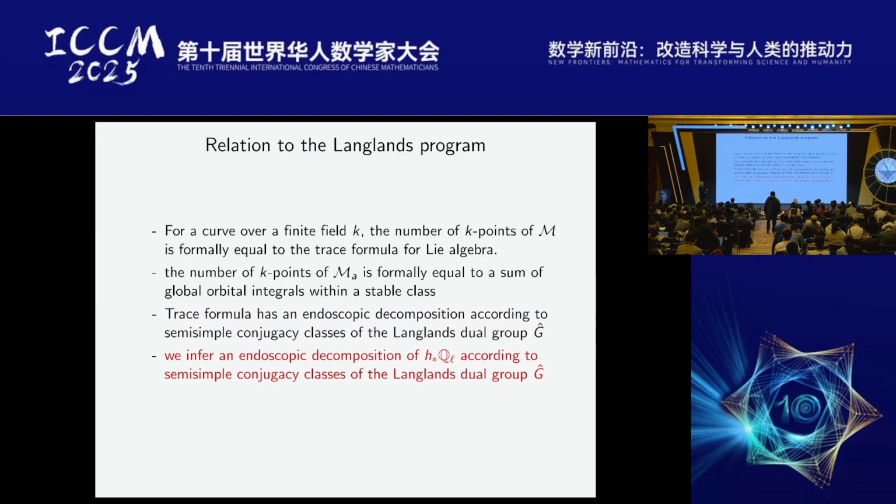So what we want to do, it takes a while to realize, is to look at the Hitchin fibration denoted by H, and look at the pushforward of the constant sheaf. That gives you some immense complex, and that complex must be decomposed as a direct sum, parameterized by semi-simple conjugacy classes of dual groups.